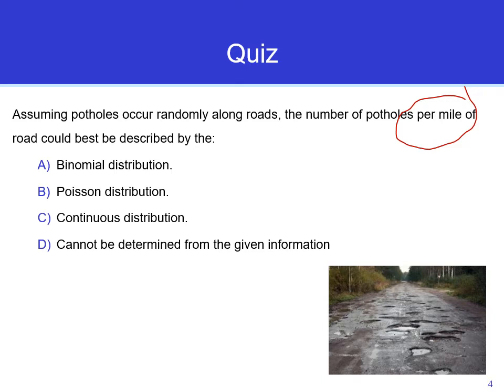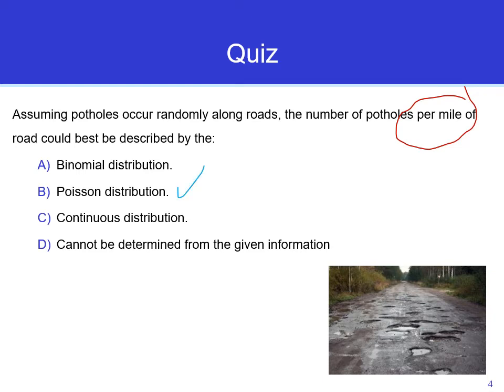So that's a success and failure, two outputs, which checks for binomial distribution. However, do we have a fixed limited number of trials here? No, we don't. But we have an area of opportunity here, which is per mile. That's the area where the potholes, the number of successes, can happen, right? So it looks like it's Poisson distribution.